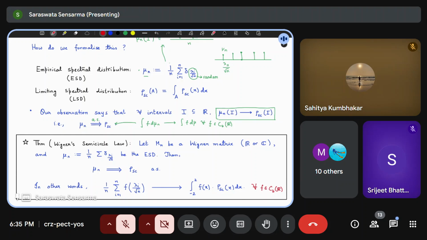So this is exactly the integral of f d mu n, if you look at this form of mu n and go back.